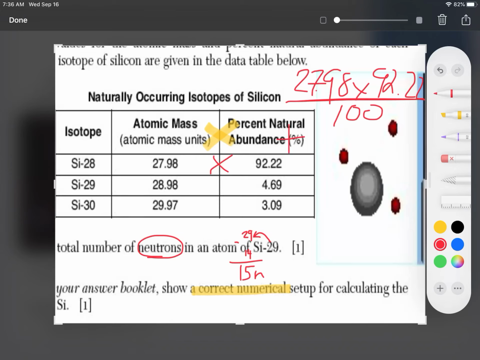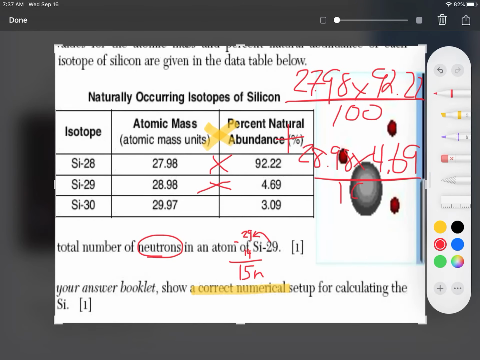Plus, if you notice there are 3 atomic masses here, so let's do the next one. 28.98 times 4.69 over 100. Are we done? No, there's one more.